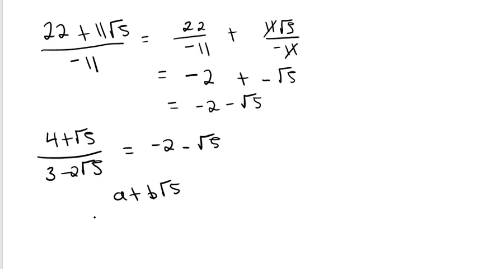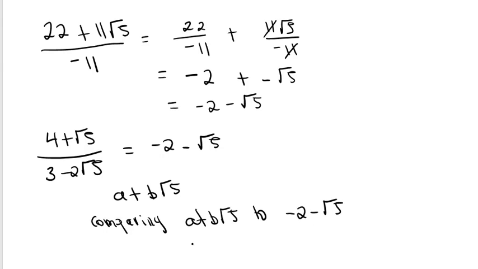Comparing a plus b root 5 to minus 2 minus root 5, we have a plus b root 5 equal to minus 2 minus root 5.